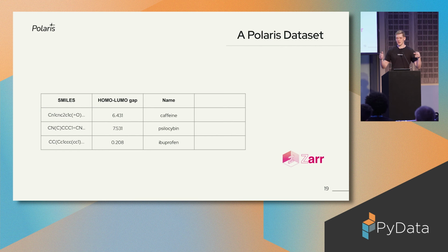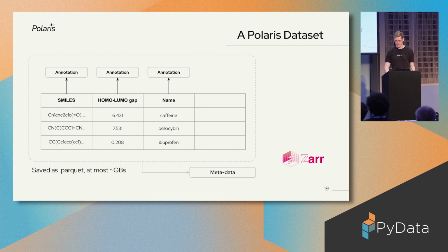We don't put any constraints on the data you put in the data set. You could put additional information in there that you don't directly see being used within drug discovery, but nevertheless want to provide. And then each of those columns is associated with annotations that contain additional important metadata that you want to have access to if you're actually curious about using this data set in a real-world drug discovery program.